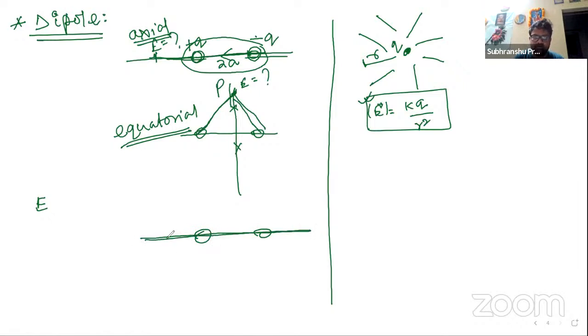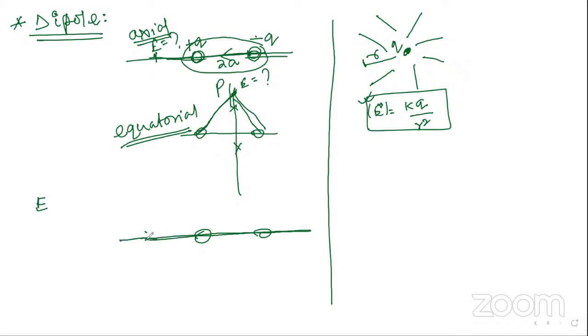We are interested in finding the electric field on the axis somewhere here. This is the axis case. The axis is the line which passes through both the charges. This is the first case, axial.